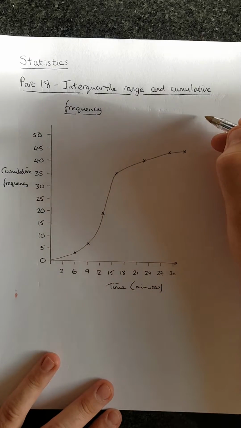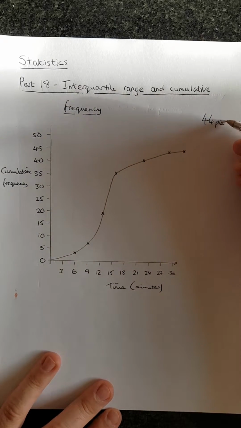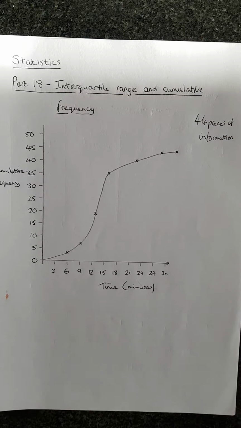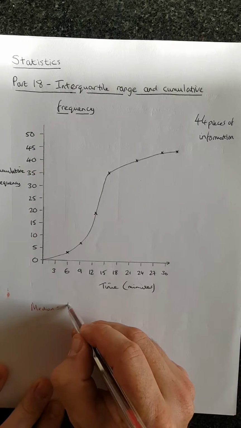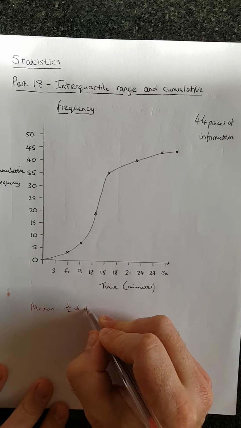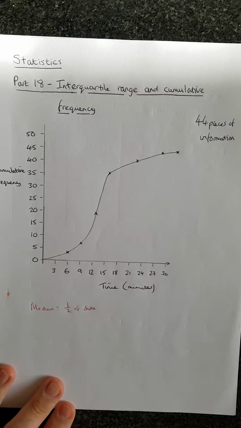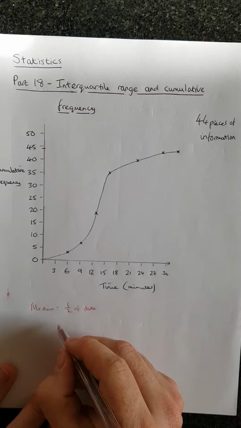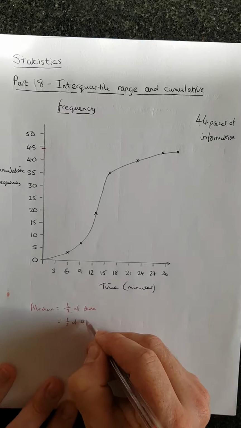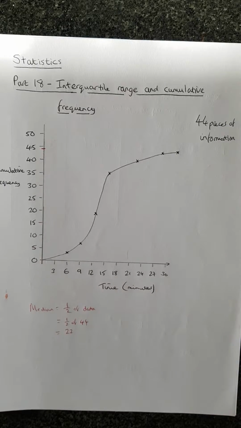Now in this data set, there are 44 pieces of information. So, where do we find the median time taken? Remember, to find the median, we want half of the data. So we use the cumulative frequency, which comes up to 44, and half of 44 is 22.